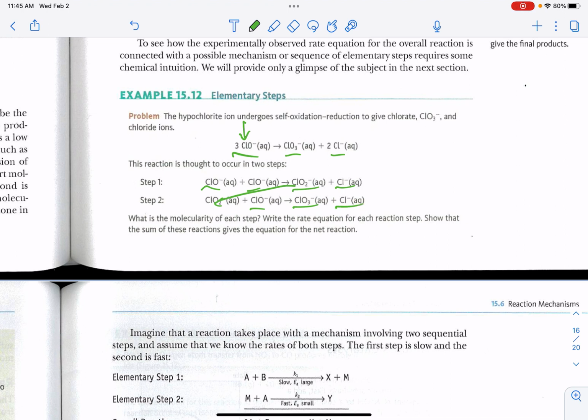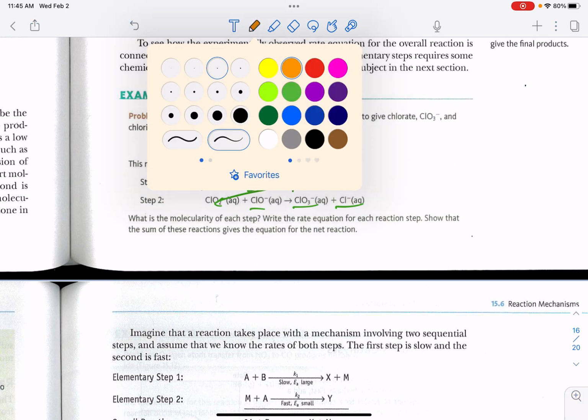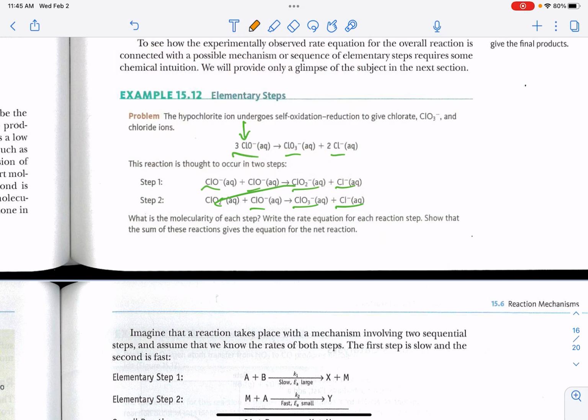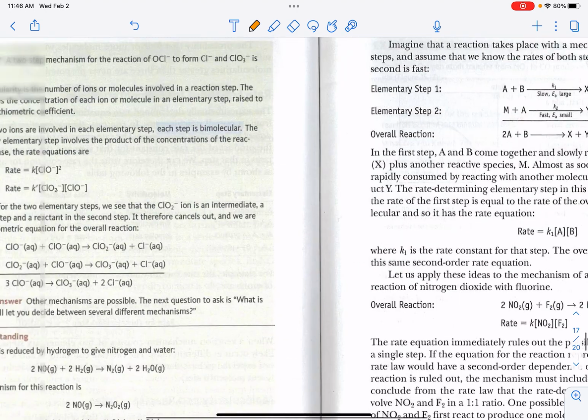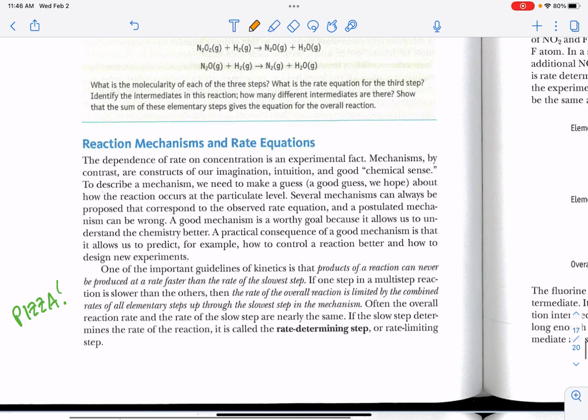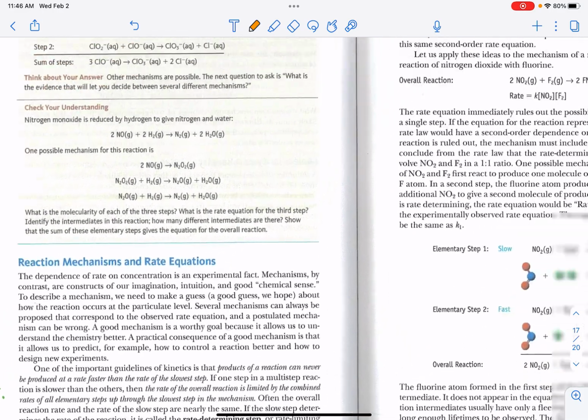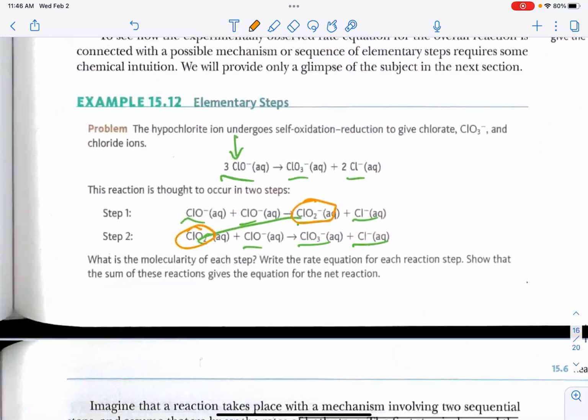Now, obviously, I hope you think it's obvious, but you'll notice we have a reaction intermediate. My chlorite is produced in step 1. It is consumed in step 2, so that when I add up the reactants and products in both steps, it disappears. And let's come back here just to double check.